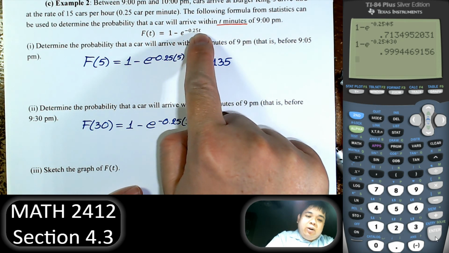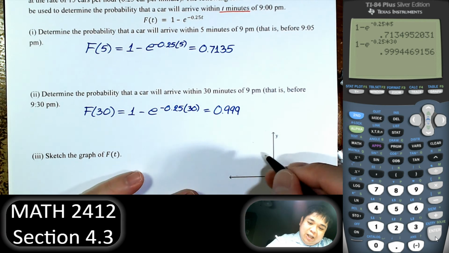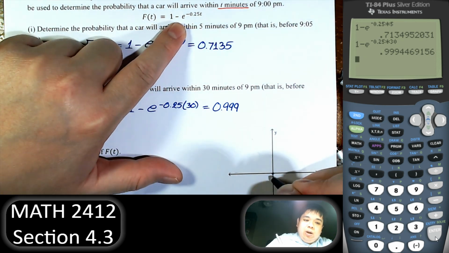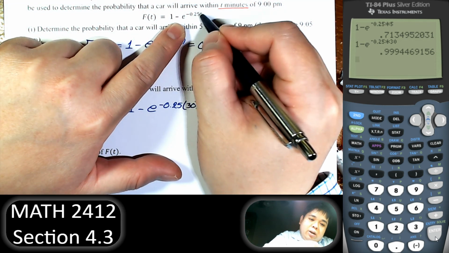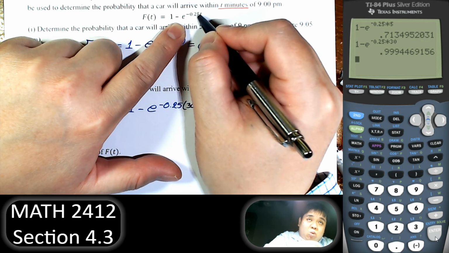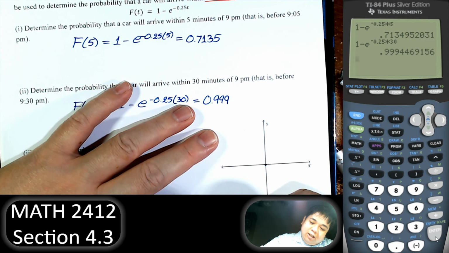When t equals 0, e to the 0 power is 1, 1 minus 1 is 0. So we have this function, and the graph will look like this.